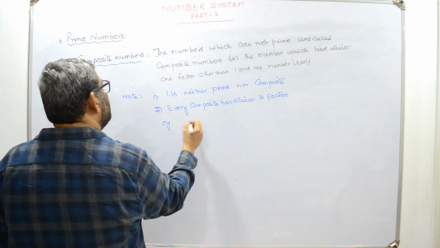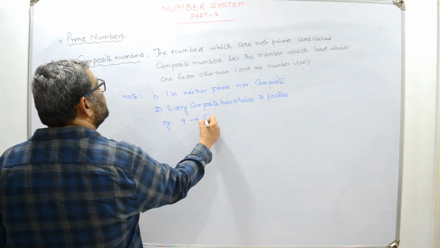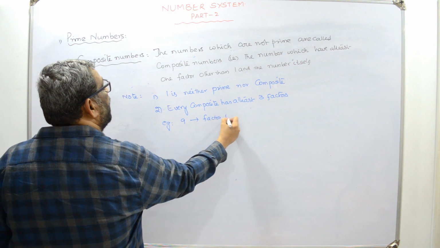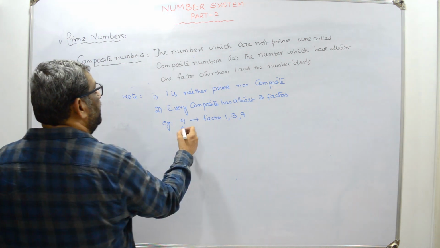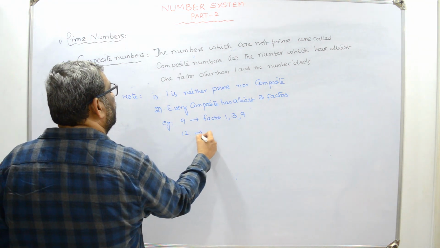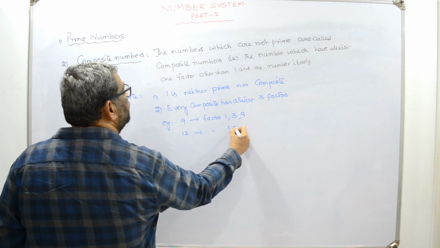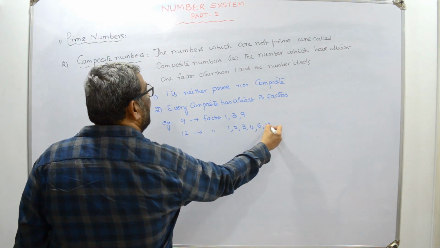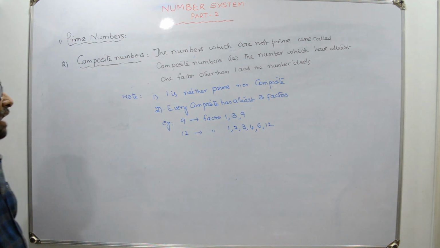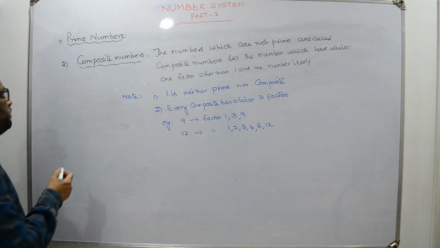For example, if you take 9, the factors are 1, 3 and 9. If you take 12, the factors are 1, 2, 3, 4, 6 and 12. So there exists at least one factor more than those 2 factors. That means it has at least 3 factors. This is a composite number.